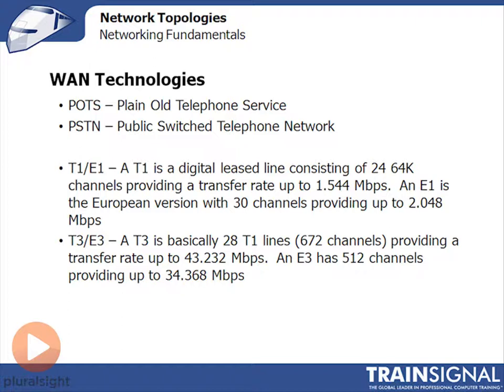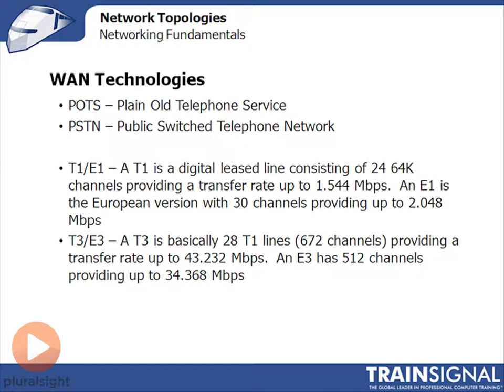I can tell you that back in the 90s, this was considered to be high-speed internet. If you had a T1 line, you were considered to be king. You could do anything on the internet. Whereas by today's standards, 1.5 megabit on the internet is not considered to be that fast.